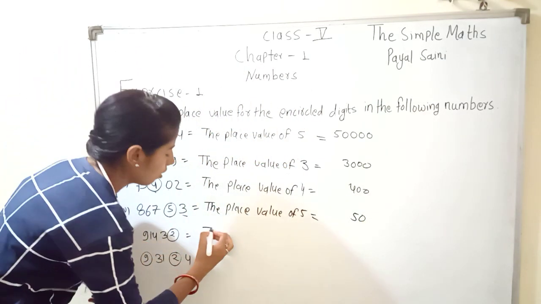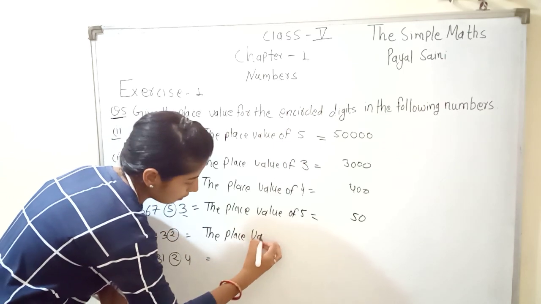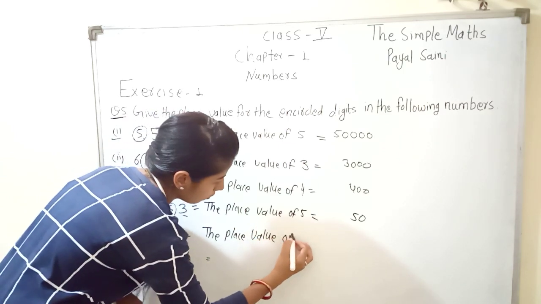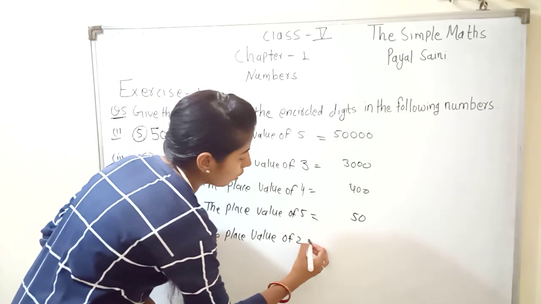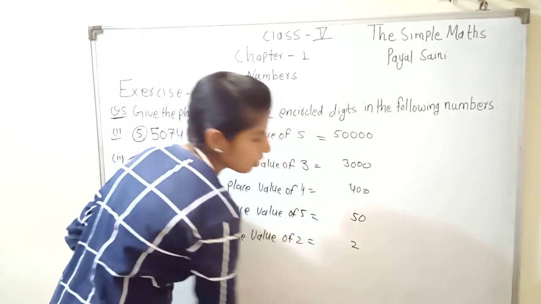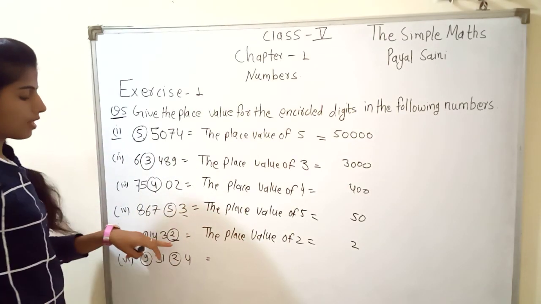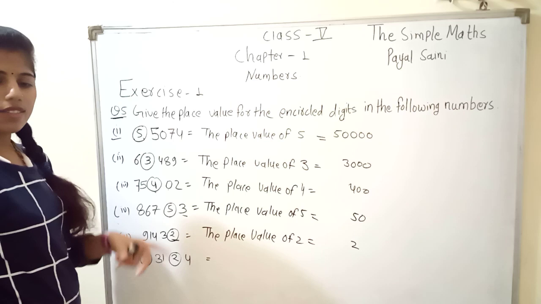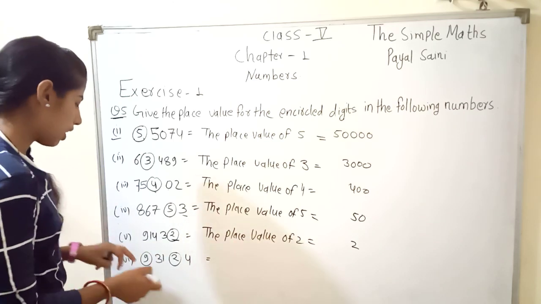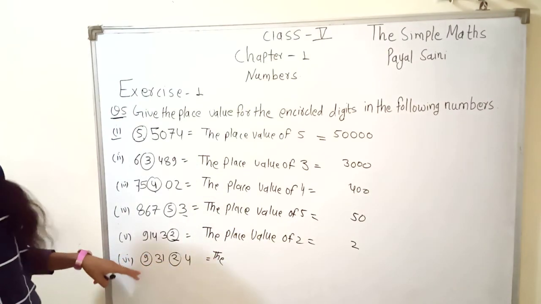Then next, the place value of 2. There is no digit after the 2, so we write only 2 as the place value. We know that in the ones place, the place value and face value are both the same. Then in the next, sixth question, there are 2 digits in circles.